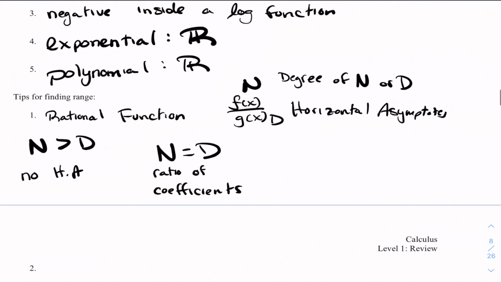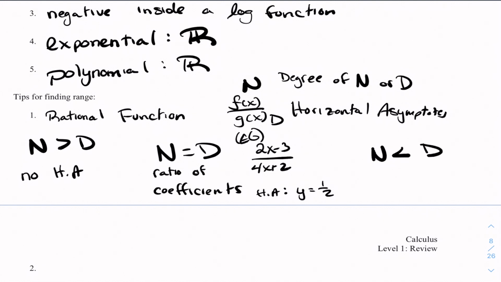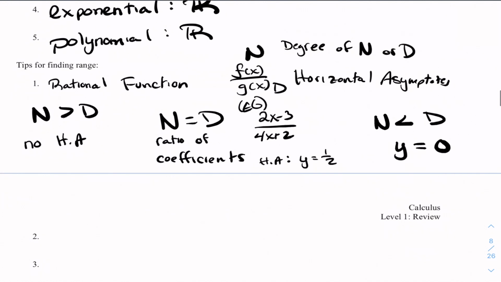For example, if we had 2x minus 3 over 4x plus 2, then the horizontal asymptote would be y equals 1/2, or 2 over 4. And the last bit is if the numerator's degree is smaller than the denominator's, we call those proper fractions, and we would have a horizontal asymptote of y equals 0. These are things you should know from last year, but we just need to get good at that.